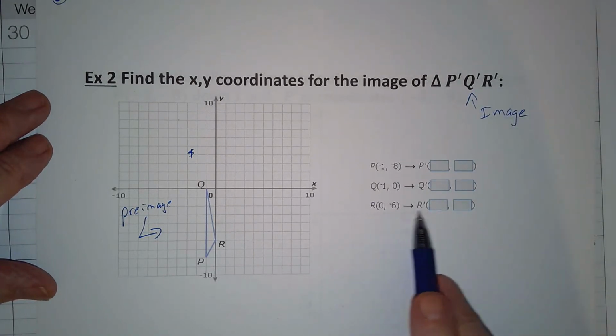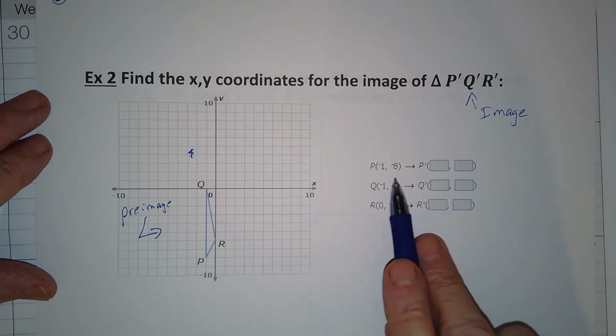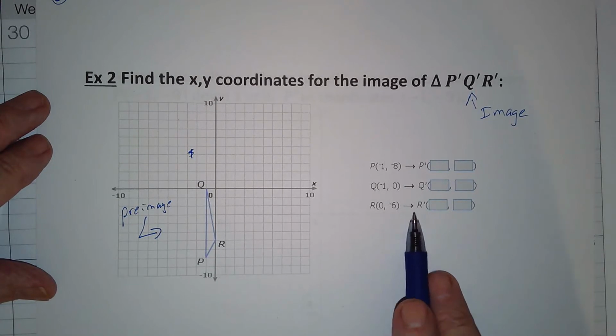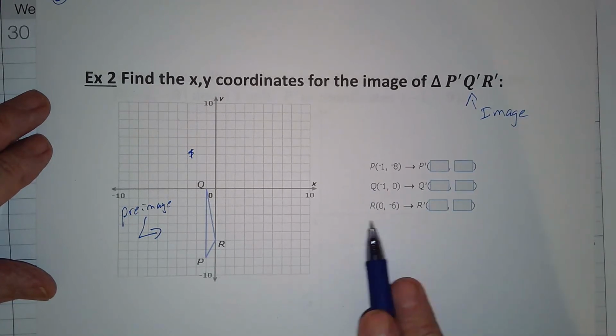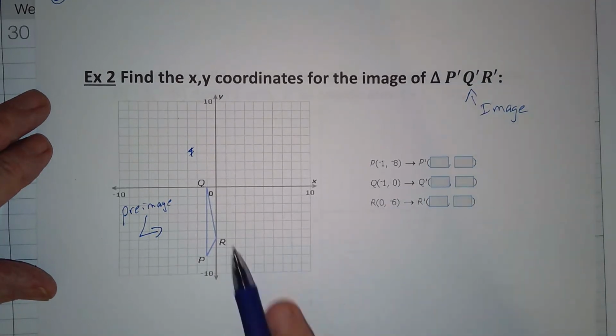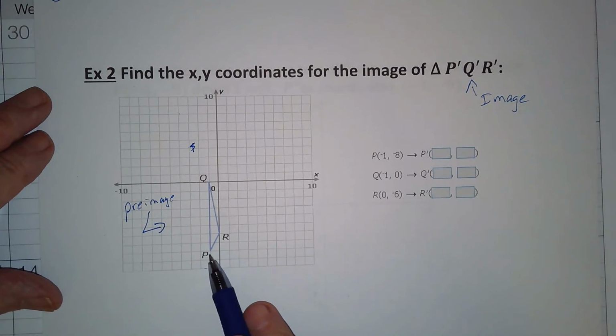Now, when you set up a mapping of coordinates, this is the format that you will use in geometry. So you start with the coordinates for PQR. They've already given them to you. P is x is -1, y is -8.